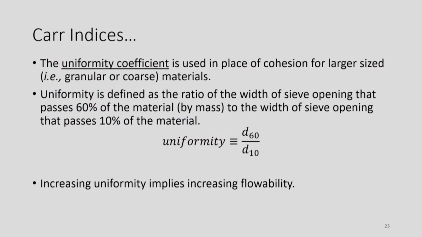And for large size materials like grains, instead of cohesion he used a criterion called uniformity coefficient. That's based on D60 and D10, the 60th percentile particle size and the 10% size, that is passing through specific sieve openings.